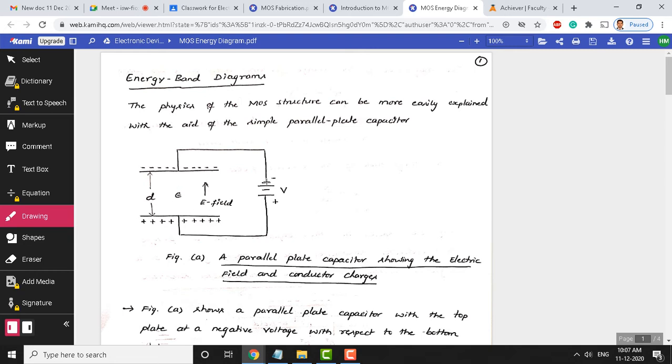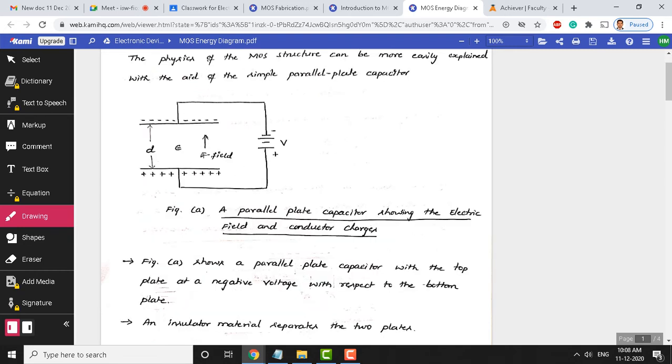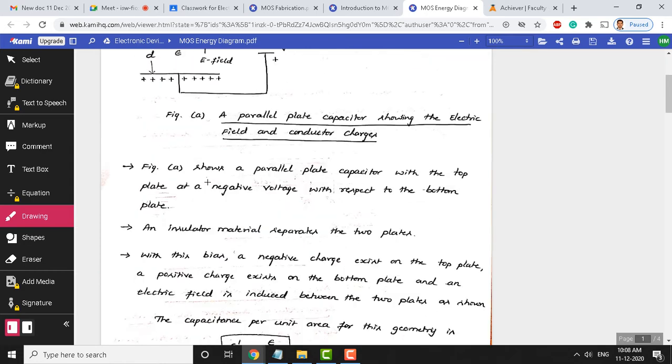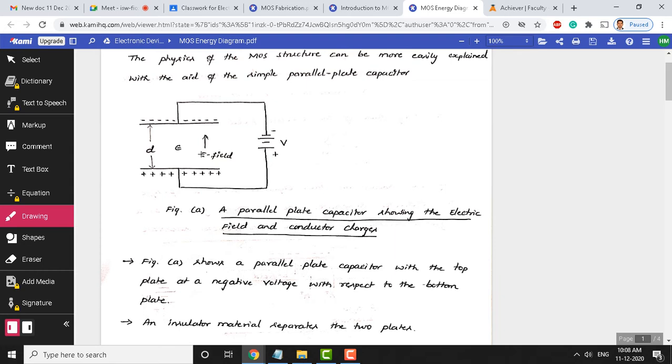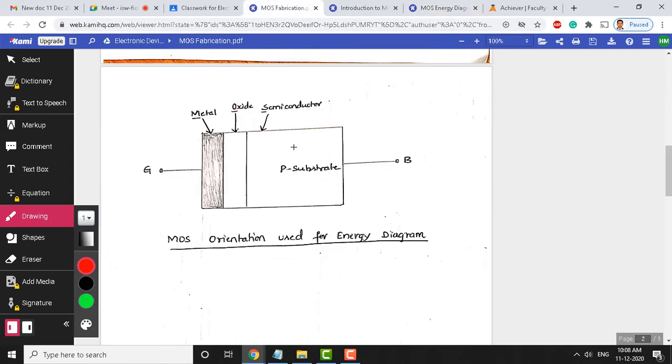When we apply negative voltage, the positive charges will be at the bottom plate and negative charges at the top plate. This parallel plate capacitor shows the electric field and the charges. An insulator material separates the two plates, and in our case with reference to MOSFET, the insulating material is silicon dioxide.